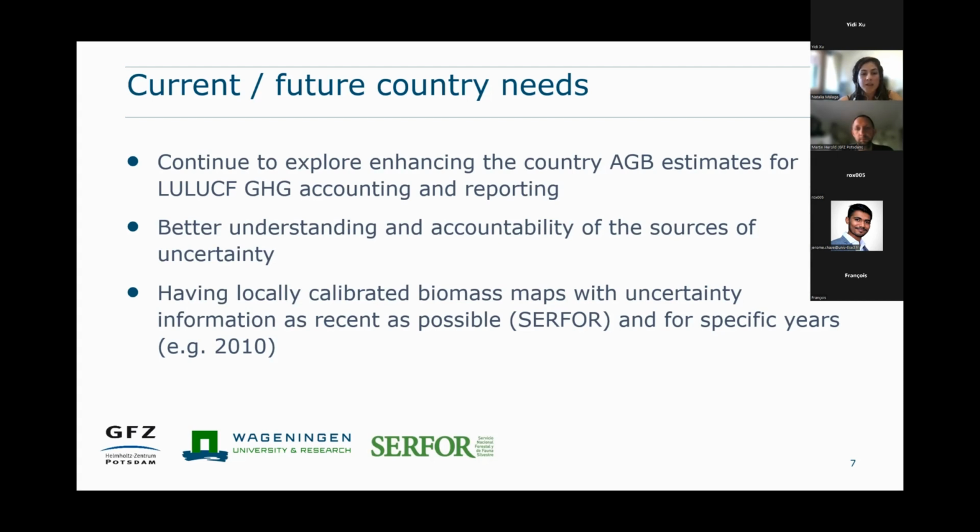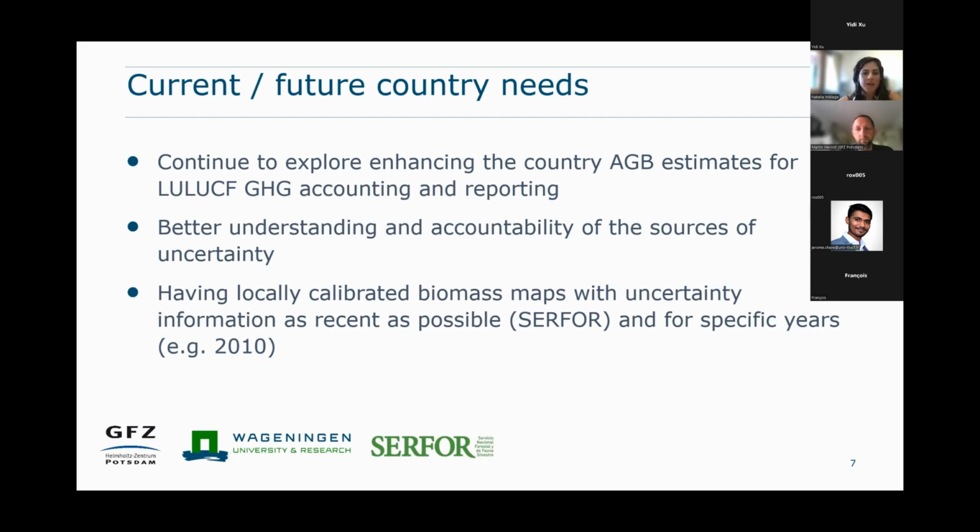But also, I think this is a common framework for several countries to better understand and account for the sources of uncertainty that come not only from the use of this reference data from the NFIs, but also from the integration of these remote sensing products.